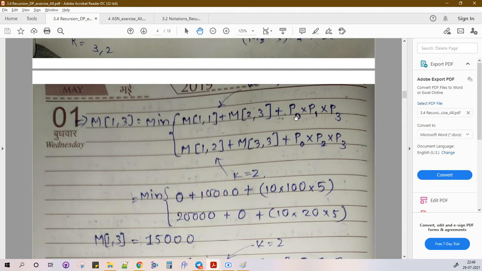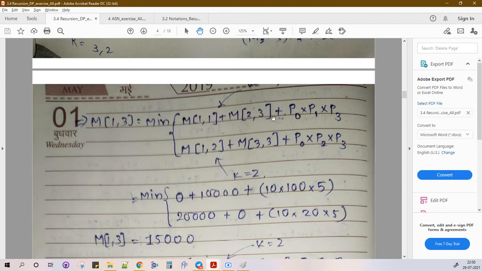It is p(i-1), the row count of the first matrix, times pk, where we are breaking, the column of the first matrix or the row of the second answer. So it is p0 multiplied by p1 multiplied by p3.